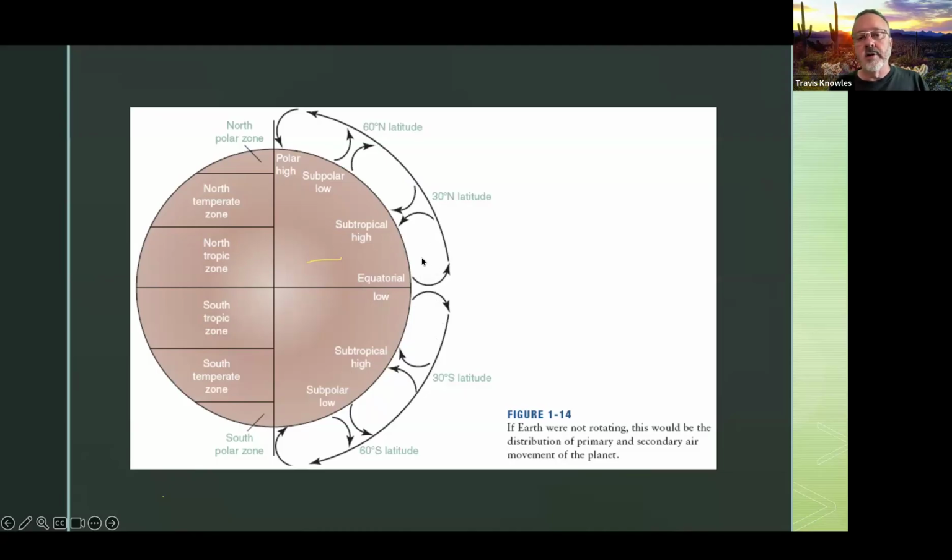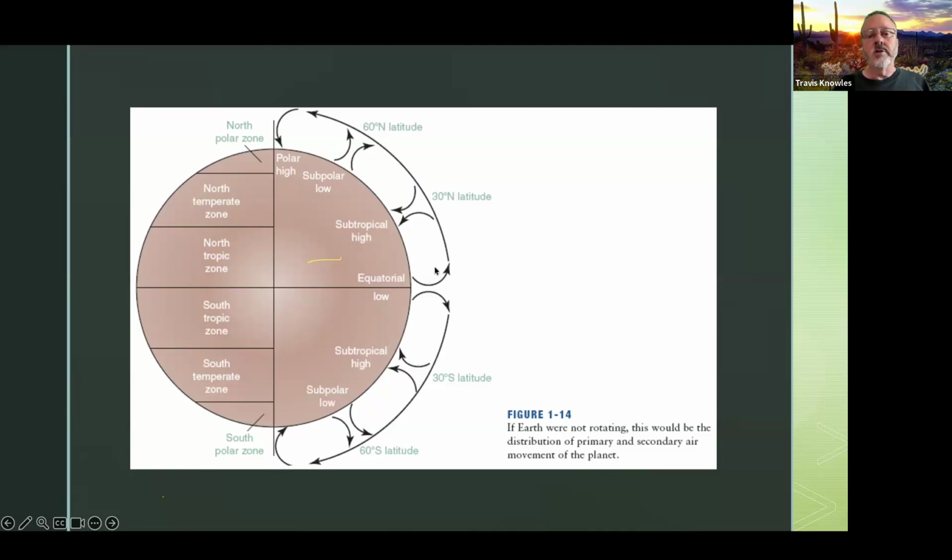That air rises, it rains and is warm here in the tropics. Then that air sinks back down at about 30 degrees north and south, and that's where you find the drier areas, the deserts of the world. And then up here at about 60 degrees, we find a milder and wetter temperate zone, the north temperate zone and the south temperate zone. And then finally, when you get up to the poles, it's cold and dry.